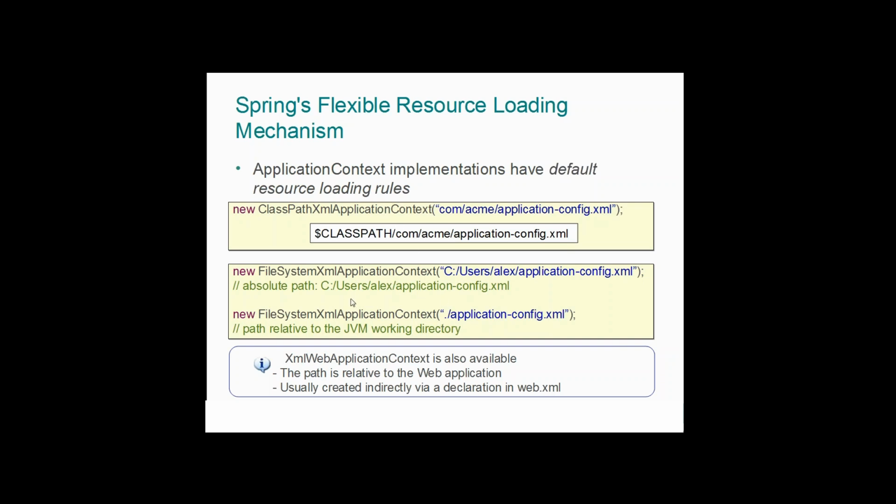There are two things, one is the class path, another is the file system, and there's one more, the XmlWebApplicationContext. If you're keeping an application context in the web root folder, which is the WEB-INF folder, it's going to pick up from there if you do it from the XML web application.